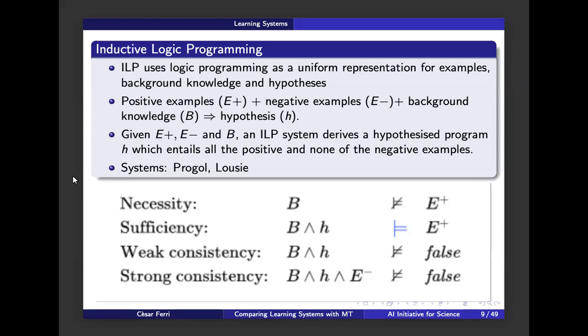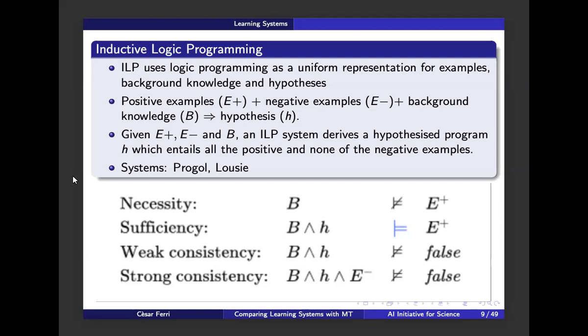The idea of inductive logic programming is to use a uniform representation for examples, background knowledge, and hypotheses. Background knowledge refers to the functions we already know, to well-established knowledge. So the idea is to have some positive examples, negative examples, and the knowledge we already know, the background knowledge, and to extract a hypothesis in the form of a logic program.